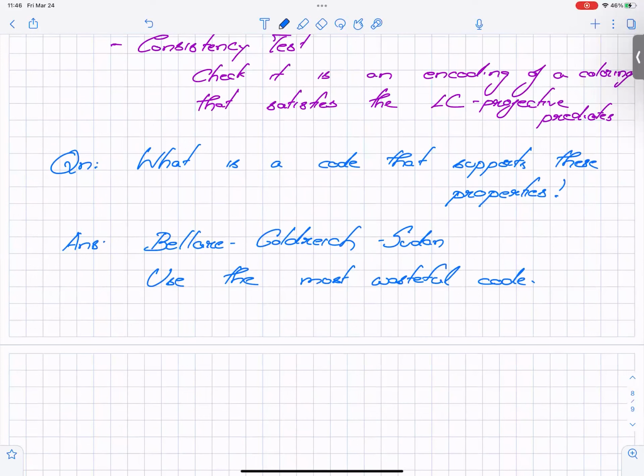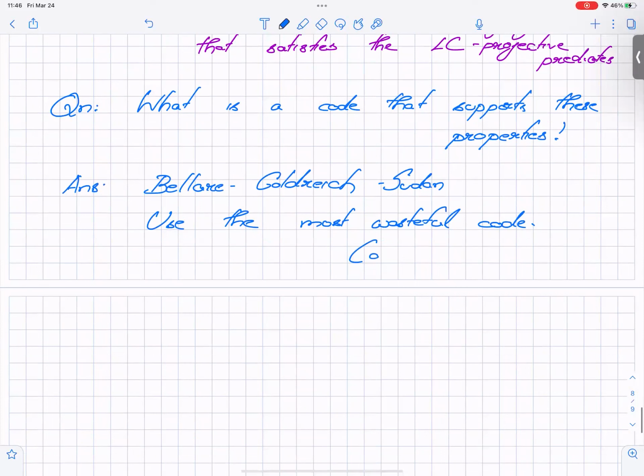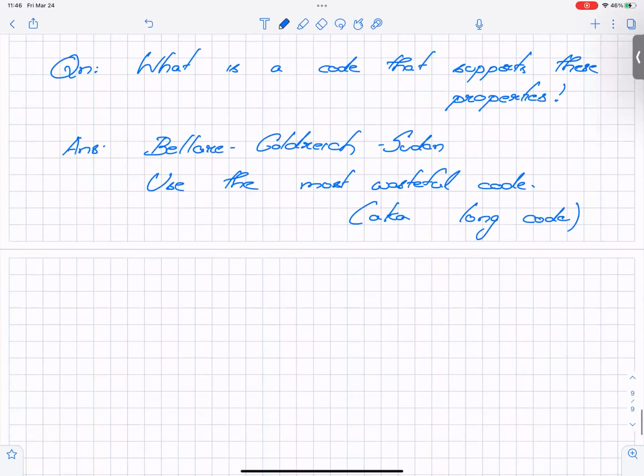Among all codes, it's the longest you can come up with. Any other code either repeats a bit multiple times, or has a bit which is irrelevant to the input. So we'll call this the long code.